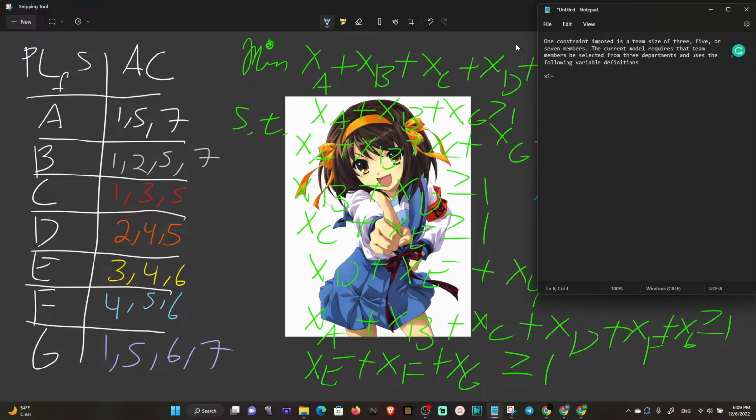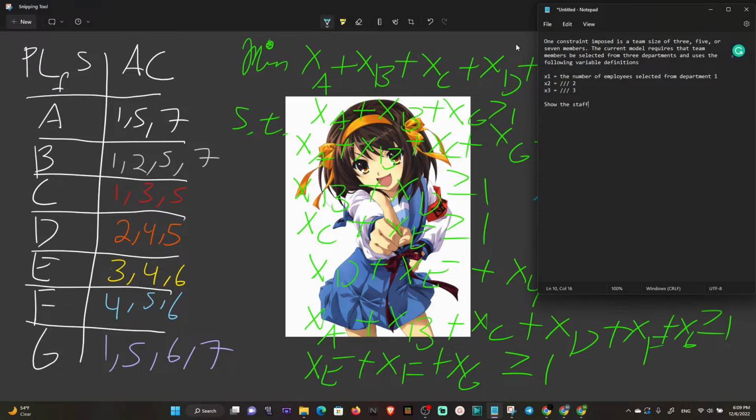X1 is equal to the number of employees selected from Department 1. X2 is equal to the number of employees selected from Department 2, and X3 is equal to the number of employees selected from Department 3.